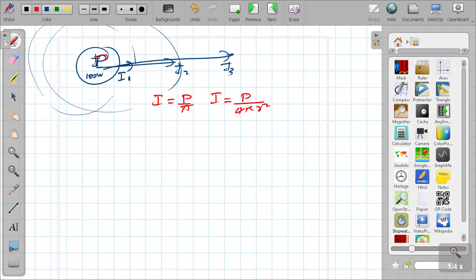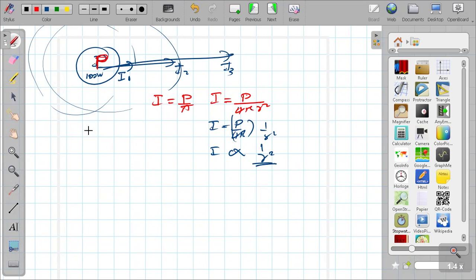The instrument, that means a loudspeaker or whatever, human mouth, clapping, whatever, the source is a constant thing. 4 is a constant, pi is a constant. So you get the result that intensity is proportional to 1 over r to the power 2. Sometimes you may need this.